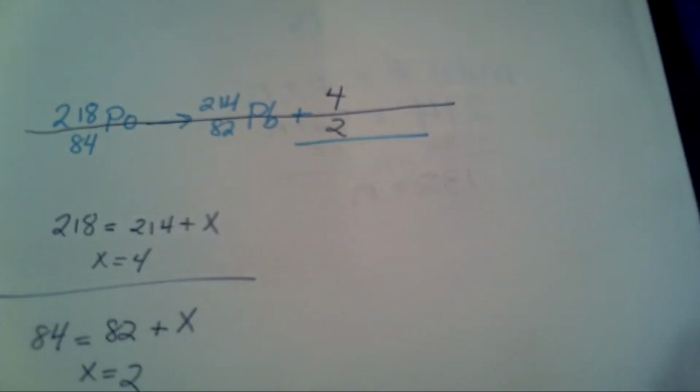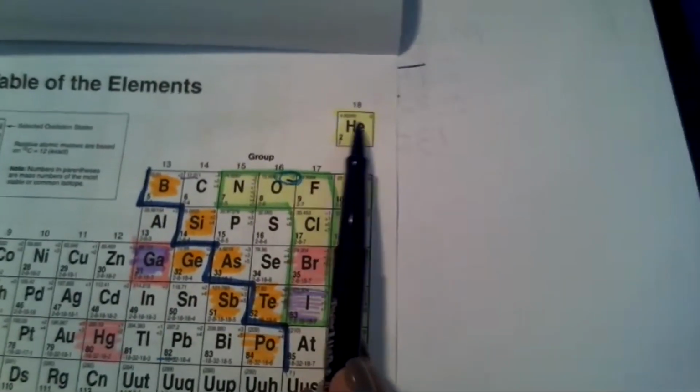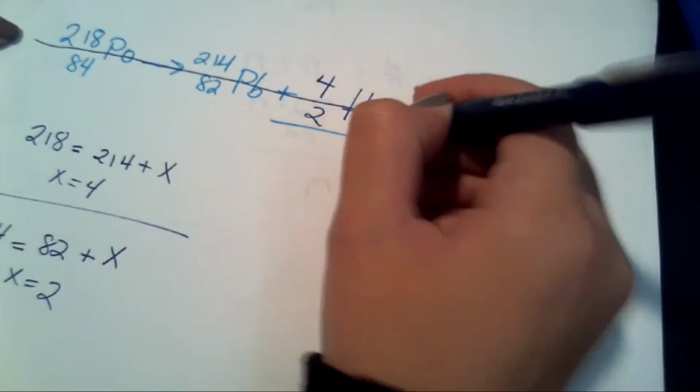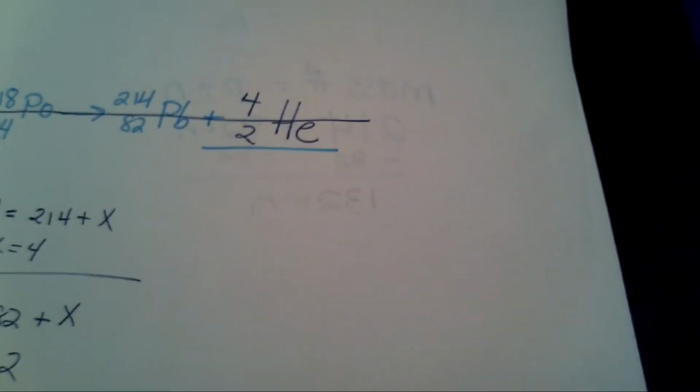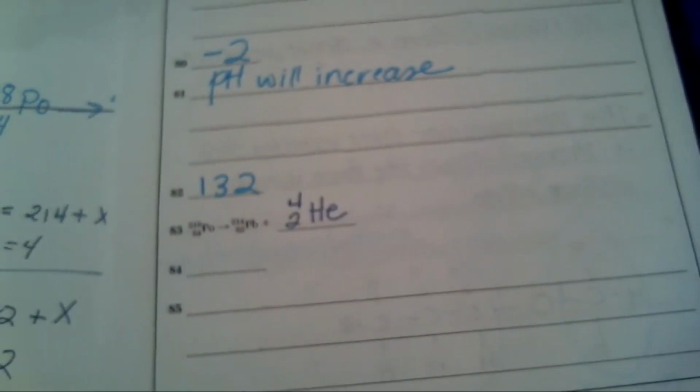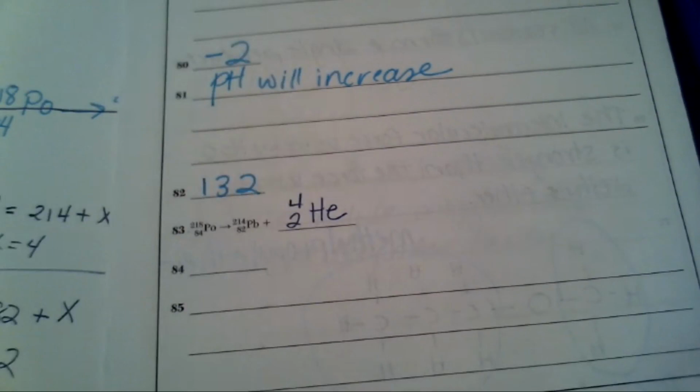If you don't remember, look it up. No shame in looking it up. Atomic number 2 is helium, so you would put He. And it's that simple. And then you just write that on the chart, on the paper. 4, 2, helium. And that's your finished equation.